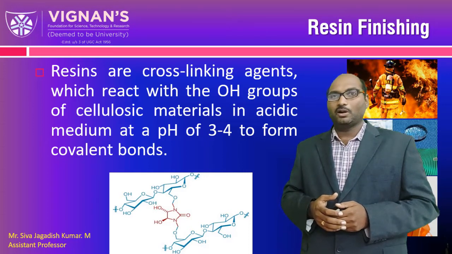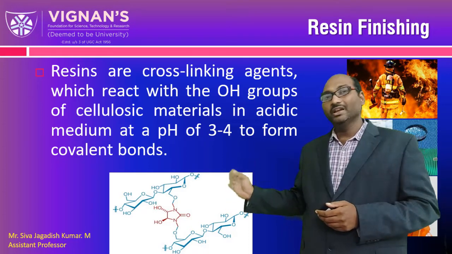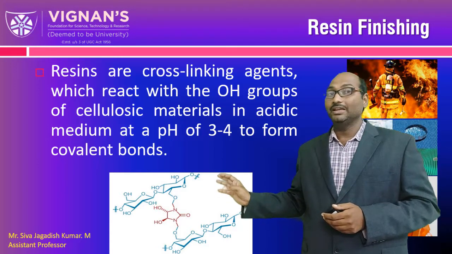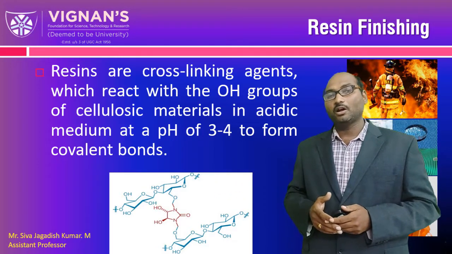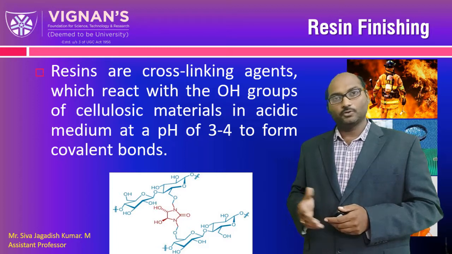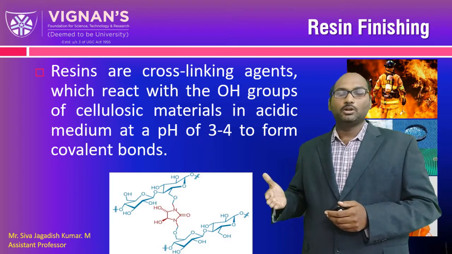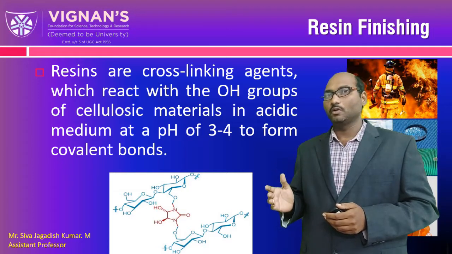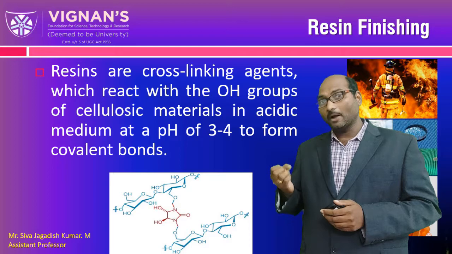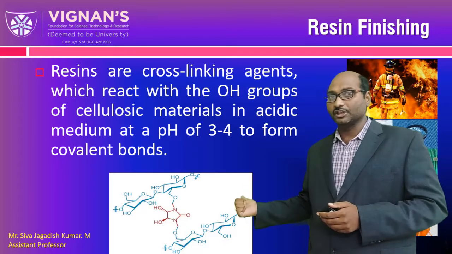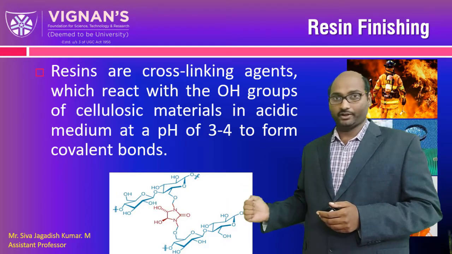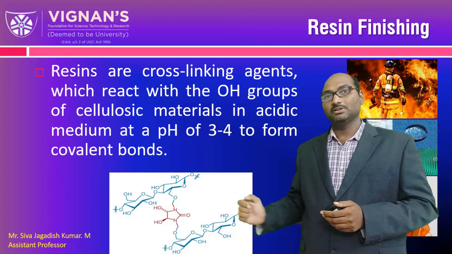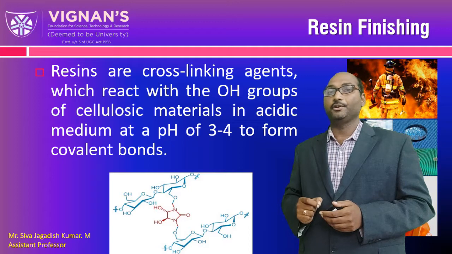So it is like we are making them inert. Once they are inert, the problem with creases or wrinkles can be resolved. But the water absorption may also get affected, and as it is cross-linking, sometimes the strength will also be reduced.